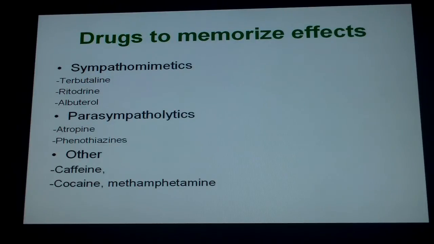That can cause your baby's heart rate to increase. Parasympatholytics, atropine and phenothiazines, we don't see much in use here because if there's something going on where your mom needs these medications, we're generally not taking care of them. So these are all drugs that cause tachycardia.